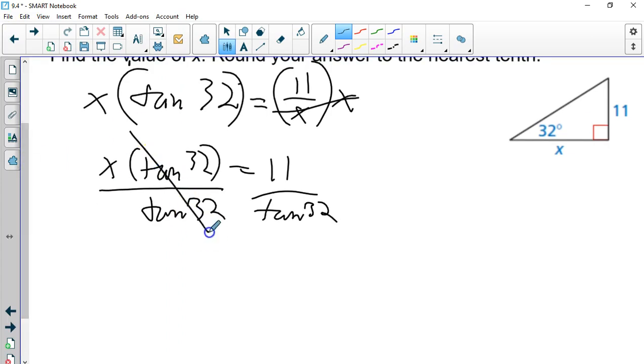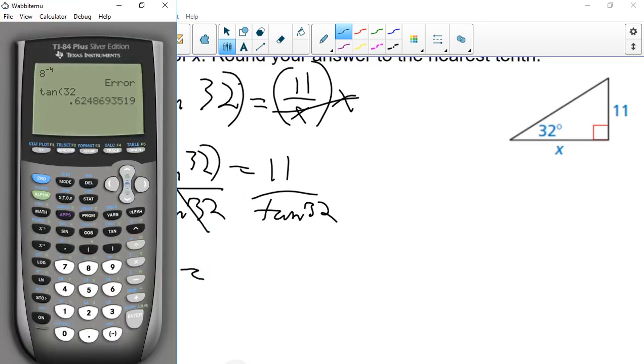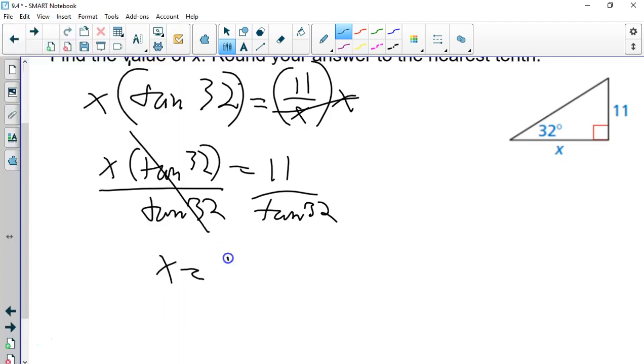So let's see what happens here is we end up with x equals, and you can just type in your calculator, 11 divided by tangent of 32. And just hit enter. And there's your answer. Okay? And it says round to the nearest tenth, so that would be 17.6.